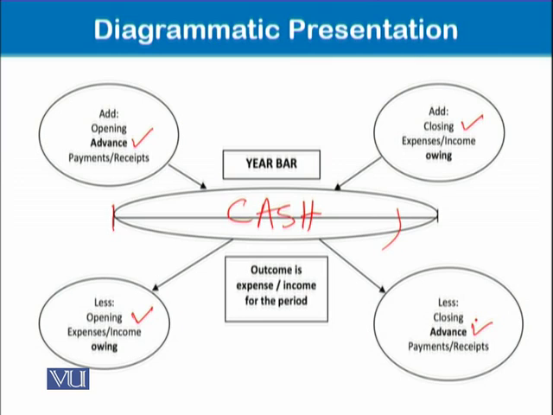So what you see is that we add opening advance in this cash coming in. We add closing owing in this cash figure, and we subtract opening owing from this cash going out, and we subtract closing advance from this cash figure, and the outcome is the expense or income for the period.